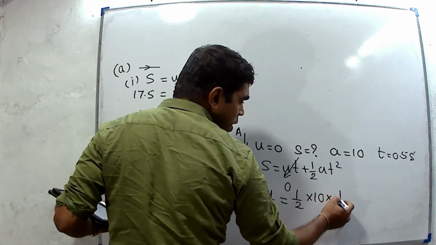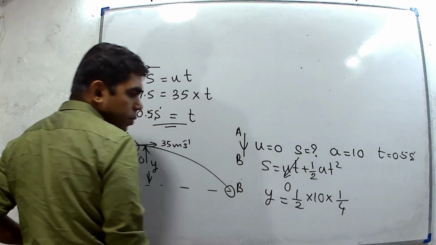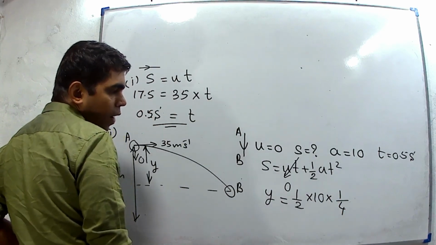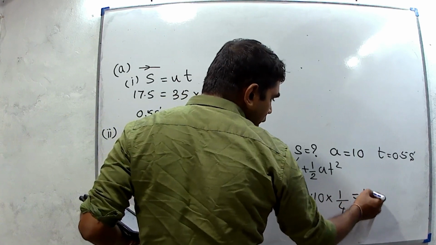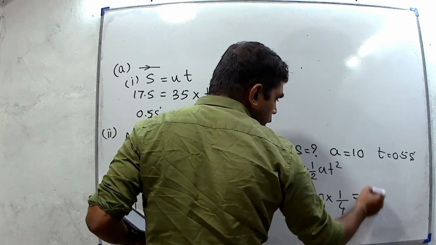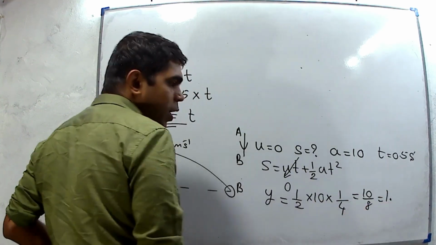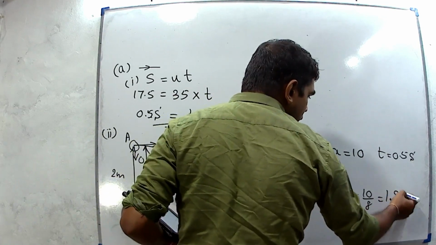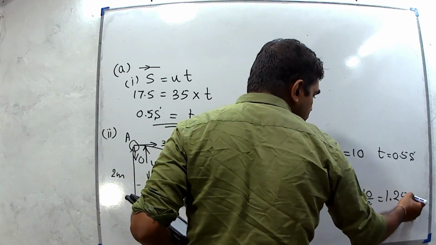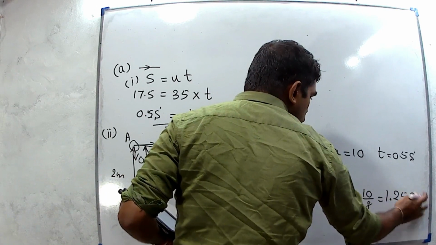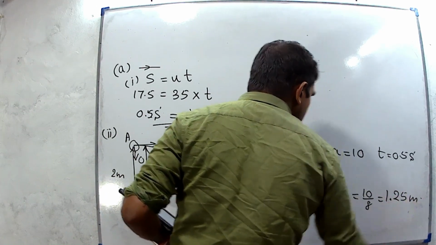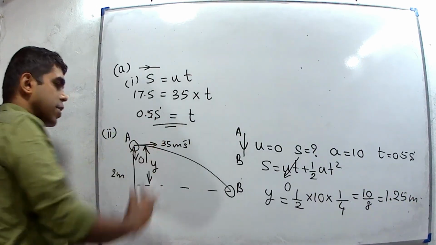Half squared means 1 over 4. Then we can simplify it: 10 divided by 8 is 1, 2 remaining, 20 divided by 8 is 2, 4 remaining, 40 divided by 8 is 5. So 1.25 meters is the y distance.